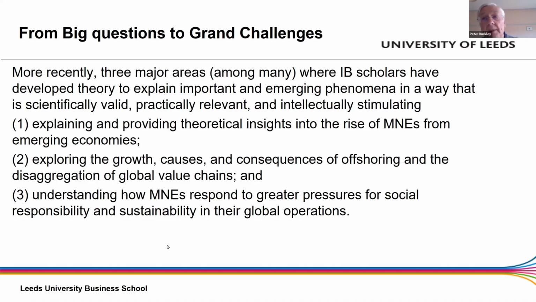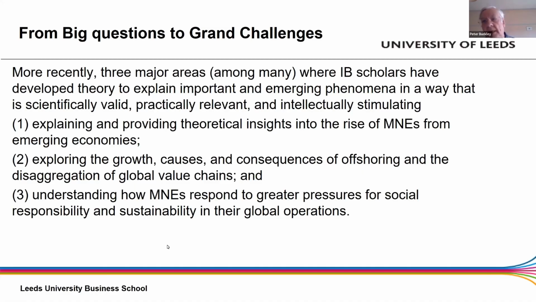And again, you need to adapt the theory. You need to apply it sensitively. One of my colleagues once pointed out that the theory could equally be called the externalization theory of the multinational enterprise. So we have then the disaggregation of global value chains.